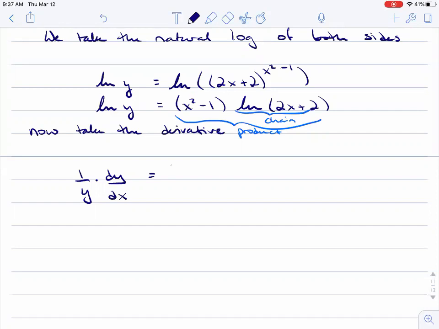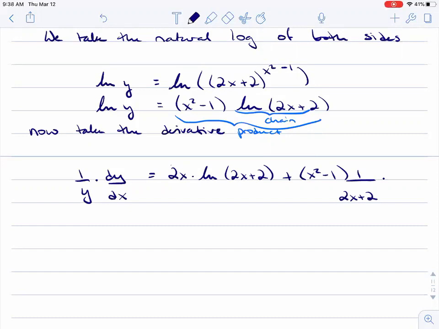So here we've got the derivative of x squared minus 1, I'm just looking at 2x here, don't even need brackets. So 2x times the log of 2x plus 2, plus, and now I'm holding x squared minus 1 steady, and I'm taking the derivative of the log of 2x plus 2, which is going to be 1 over 2x plus 2.